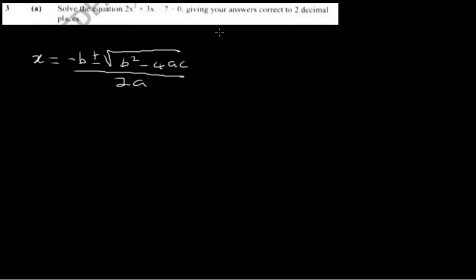And you should remember that quadratic equations are in this form. So in this case, our a is 2, our b is 3, our c is negative 7.